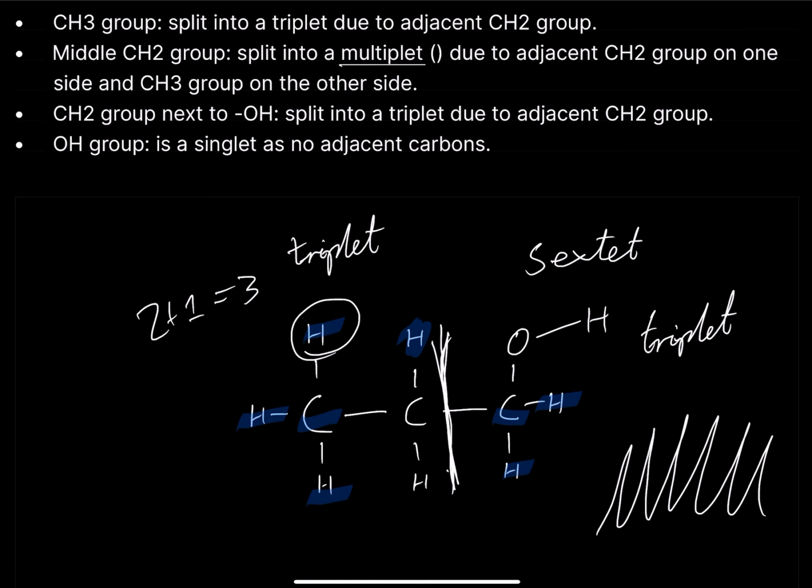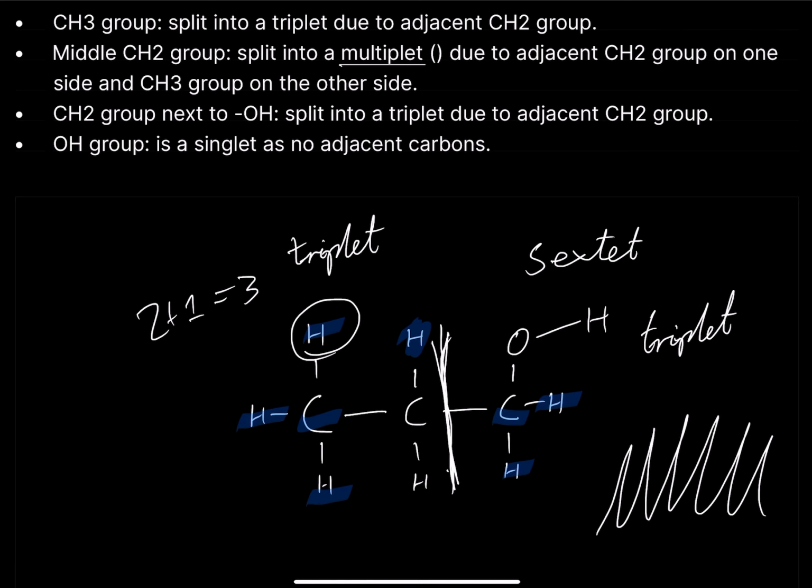And it's not just for carbons, it's for any atom really. But there are no hydrogens bonded to this oxygen. Sorry, I have to be very careful with my wording here.